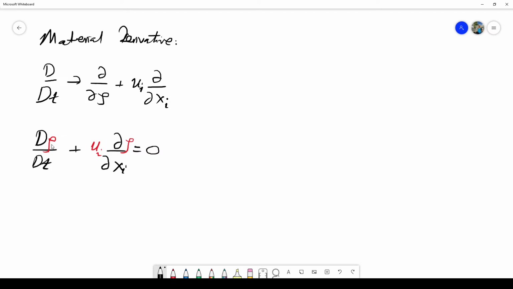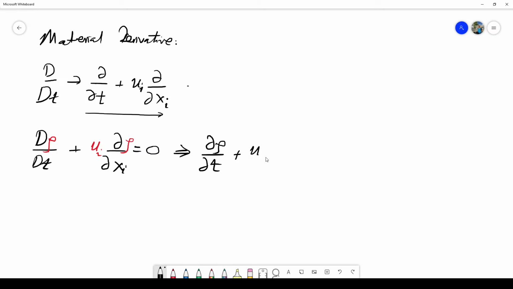So if we take this material derivative and expand it here on the top, then we can rewrite this equation, or expand it, so that we have dρ over dt. Plus we expand this one first.